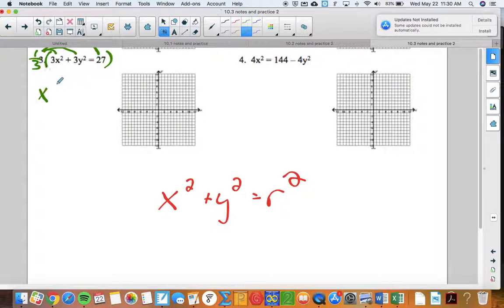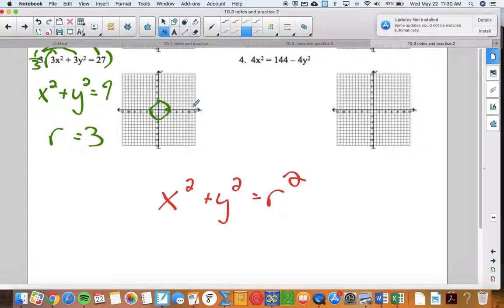So I get x squared, a third of 3y squared is just y squared, and a third of 27, or 27 divided by 3, is 9. So that 9 is in place of my r squared, so that means that my radius is 3. So from 0, 0, we go out 3 units in each direction and make a circle through them.